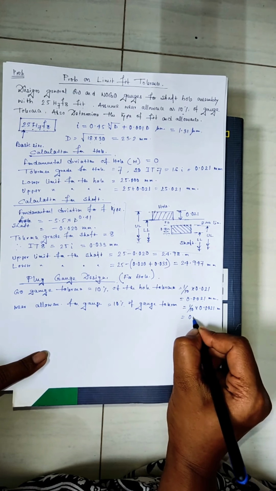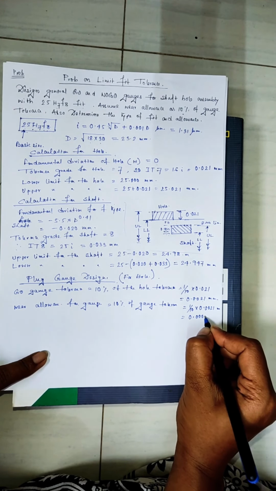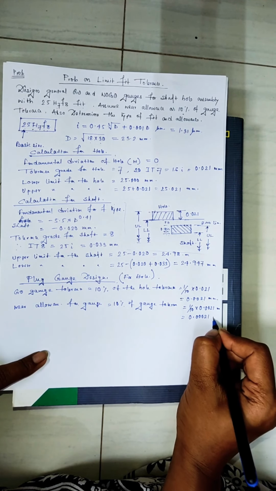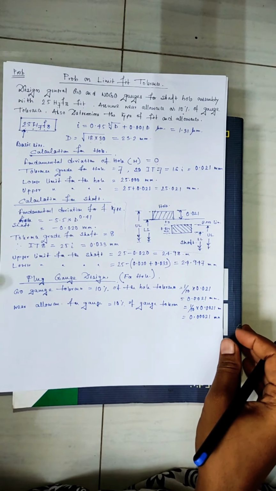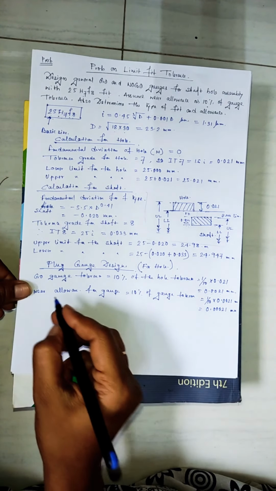So the answer is 0.00021 millimeter. Now we draw the plug gauge design.